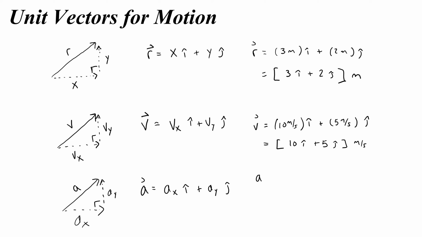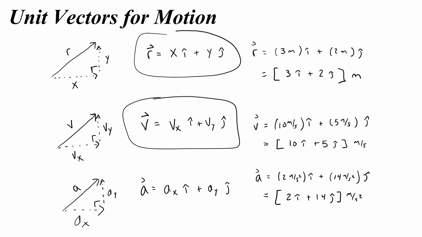And an example with numbers, I don't know, how about 2 meters per second squared i plus 14 meters per second squared j. If I wanted to write this a little more cleanly, I could say 2i plus 14j meters per second squared on the outside. Okay, so this is kind of how we write positions, velocities, and accelerations using our unit vector notation, so i, j, and the components that go next to them.